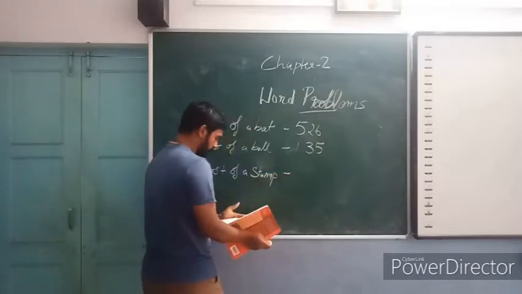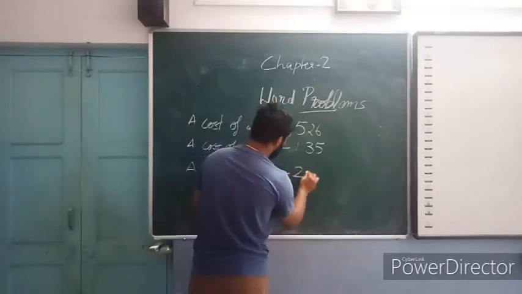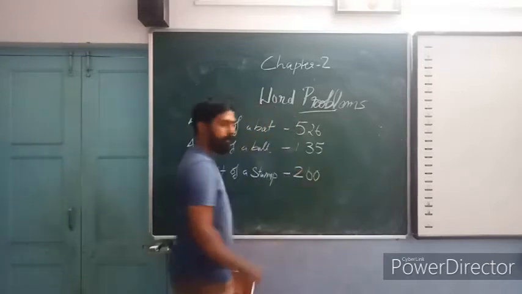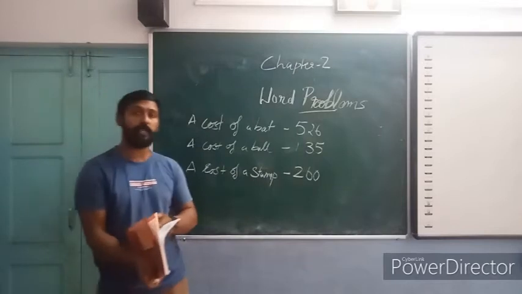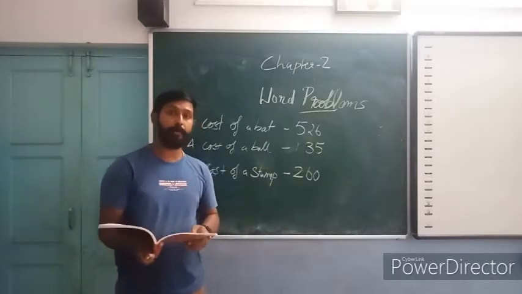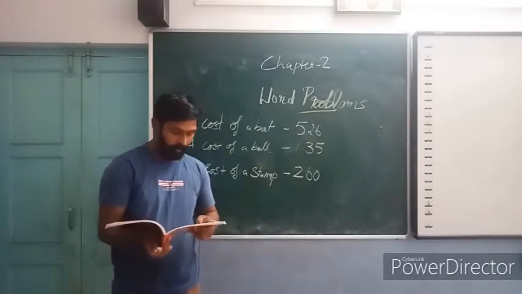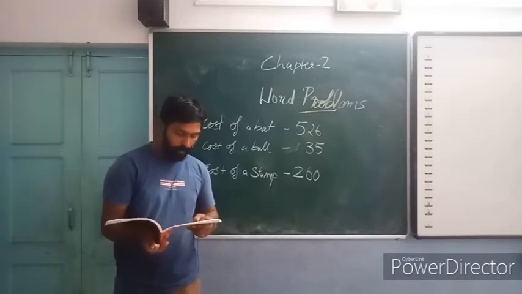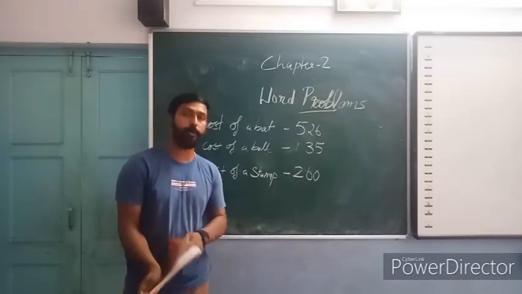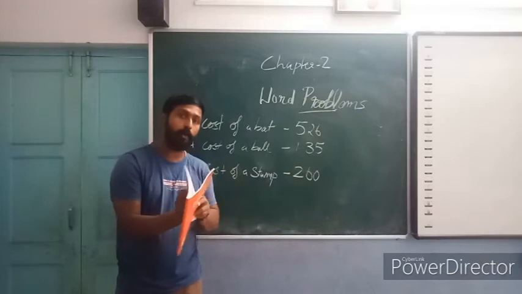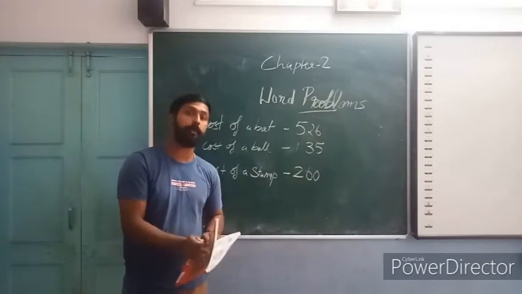The stump costs around 260 rupees. So you have to always remember to identify the question, what they are asking. How much will all these three items cost together? When all these are brought together, how much will it cost?